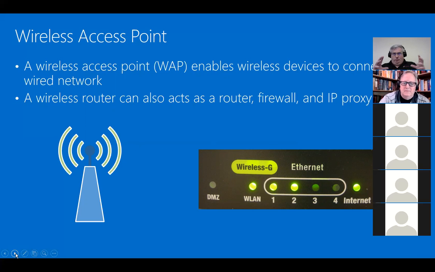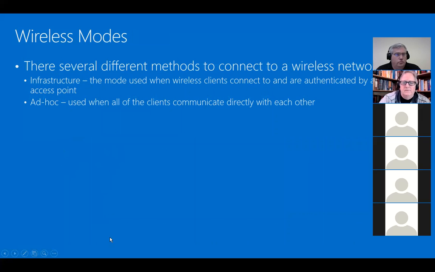Sometimes it might be better to turn that off and have your own wireless system, depending on how big your house is. So there's two different modes. Ad hoc isn't used very much, except for maybe printers, but infrastructure is what most people use it for. You'll have one access point that goes out to the internet, and everybody connects to that access point.